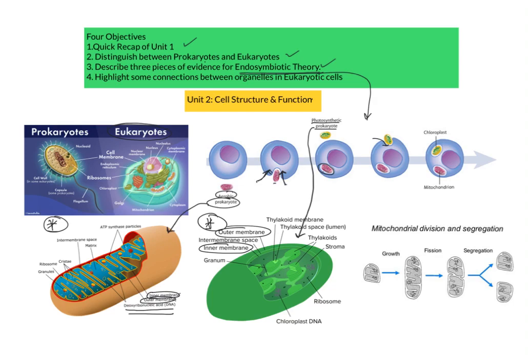Other organelles don't have that, but mitochondria and chloroplasts both have their own DNA, which suggests, again, that at one time they were independent prokaryotes.